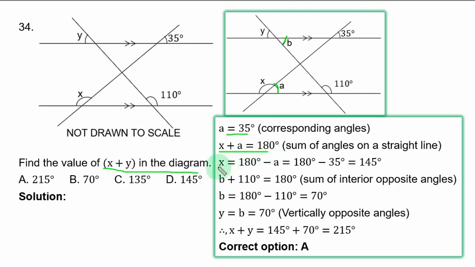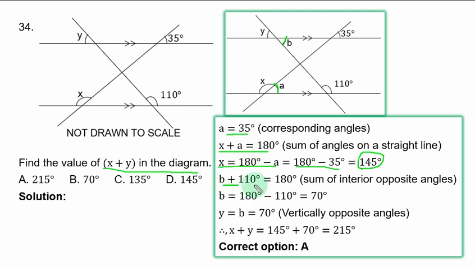So x is equal to 180 degrees minus A. That is 180 degrees minus 35 degrees, and you have 145 degrees. Now B plus 110 is equal to 180, sum of interior opposite angles.